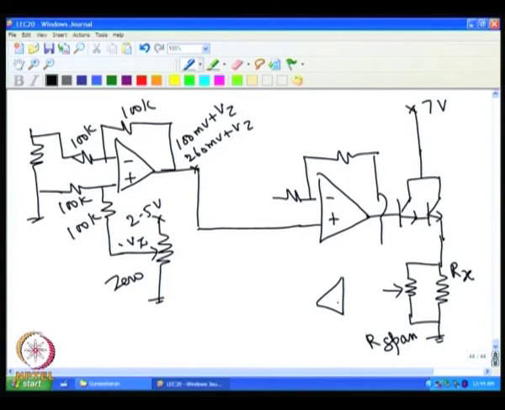So, I can always have a voltage follower connected to this point, and this can be connected to this. Now, this is connected to ground, and we have the same arrangement which we had earlier.